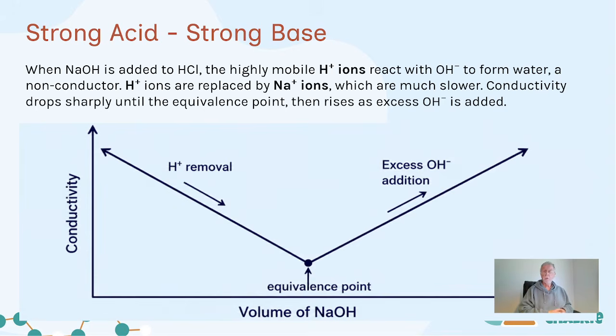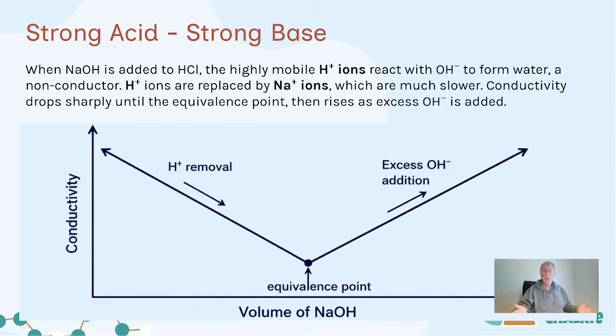So forget the water. What we are looking at in that downward slope is the replacement of hydrogen ions by sodium ions. Now you may want to pause the video and think about that. Alright, we're turning the hydrogen ions into water, so they are being removed. And obviously the sodium ions coming in, they're spectators.